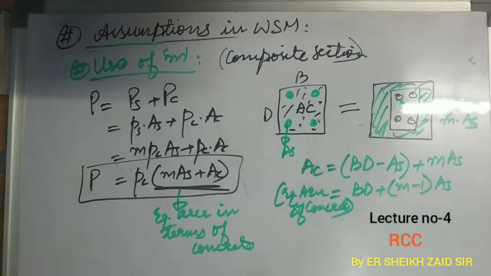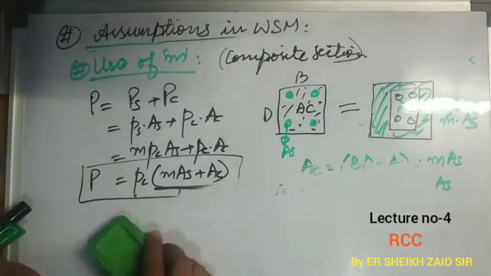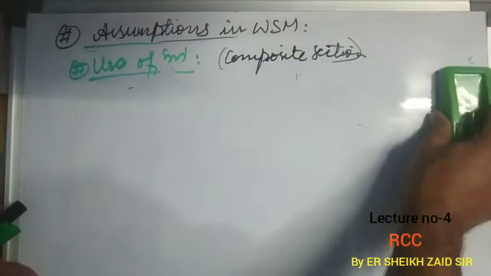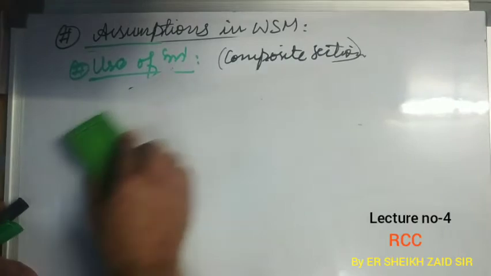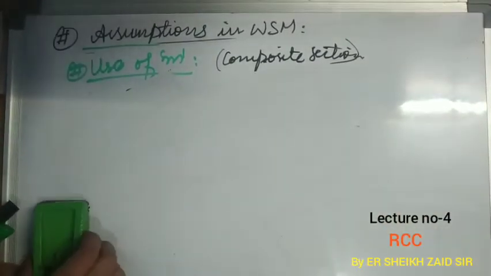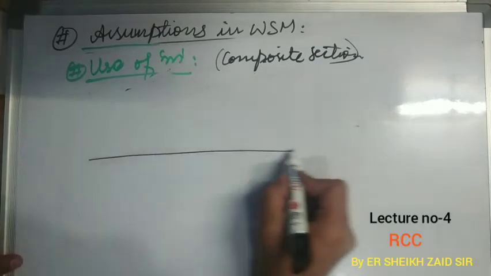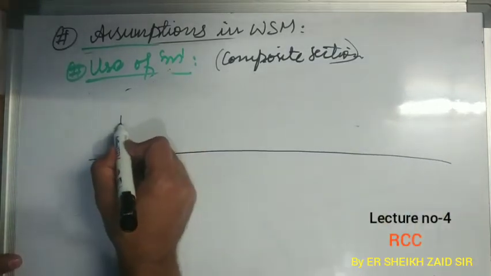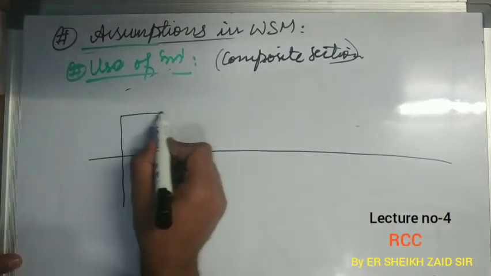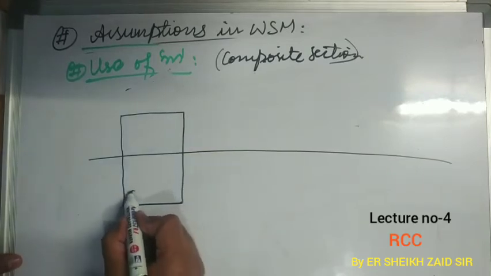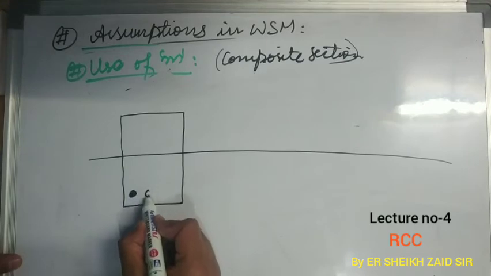Now see, I'll also give an example on this so that you can understand it in a better way. For example, this is our beam cross section. This is our tensile steel.